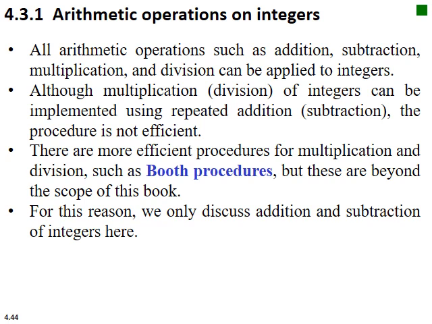Same for division, it's repeated subtraction. But as we say, it's not efficient. There are better ways. One of the efficient ways to do it is by using Booth procedures, but that's beyond the scope of this course. We're not going to do it in this course. And for this reason, we only discuss addition and subtraction of integers in this course.